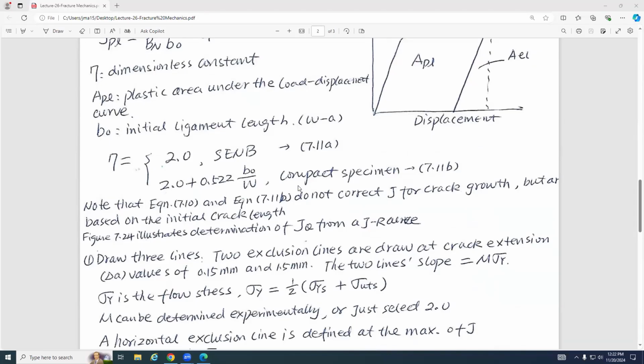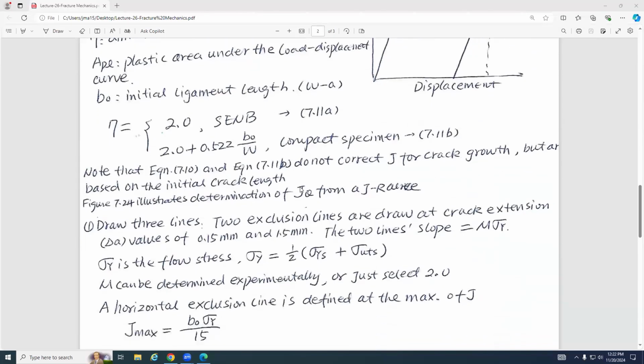And then I'm going to talk about the very, very important procedure to determine the JQ. I want you guys to put a star mark here. I might also test your understanding in our final exam. This is very, very important.